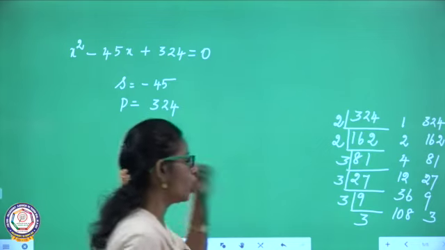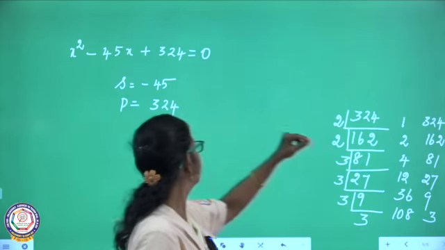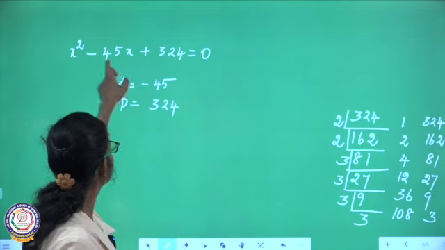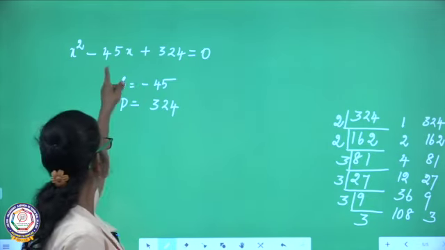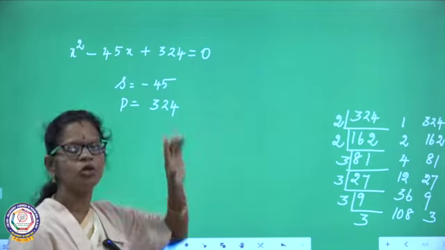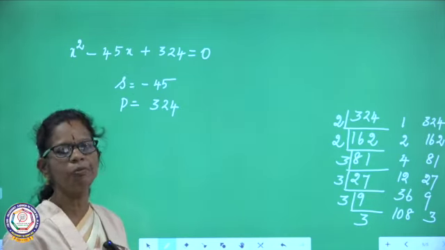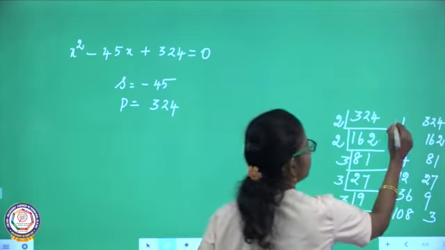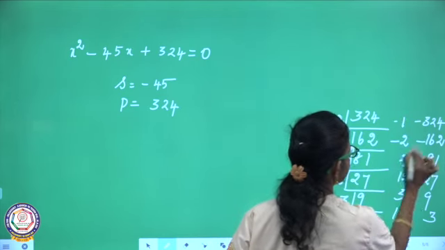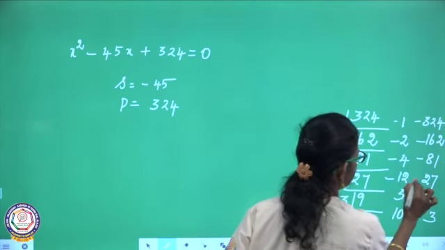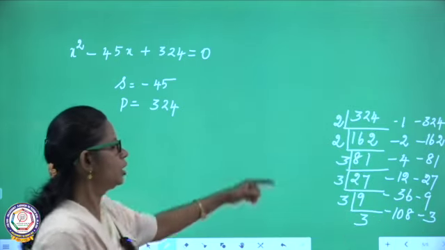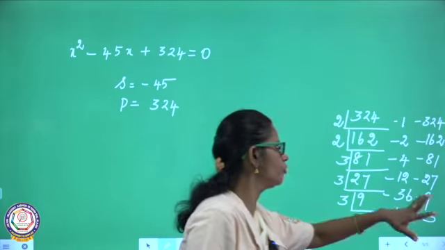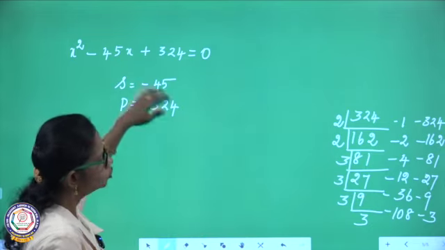I told you again and again, I am repeating that based on the sum, you should select the possibilities. Sum is negative, product positive, so both the possibilities are negative. Minus 1, minus 324 is not apt. So which is apt?